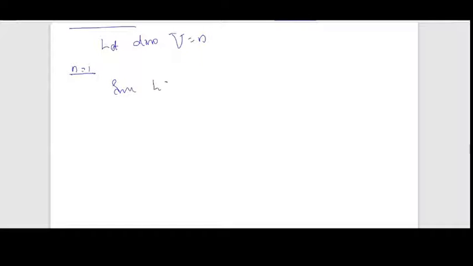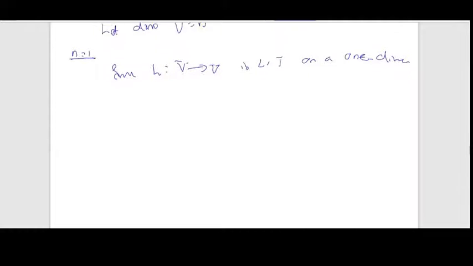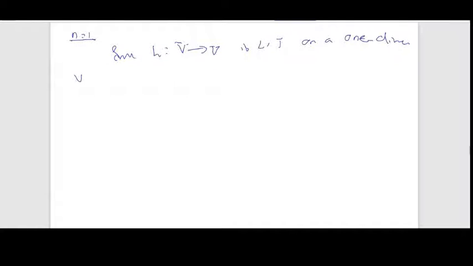Since L from V to V is a linear transformation, here n equal to 1 means a one-dimensional vector space. So for all v in capital V, here V is a one-dimensional vector space, and L is a linear transformation from V to itself.